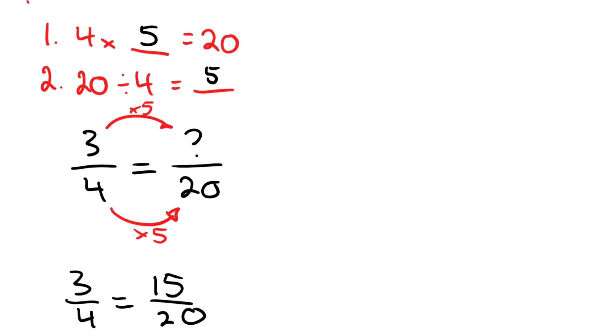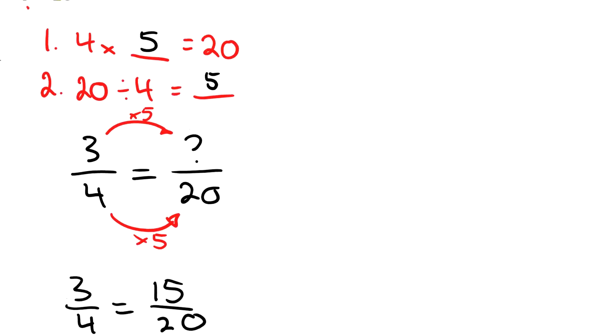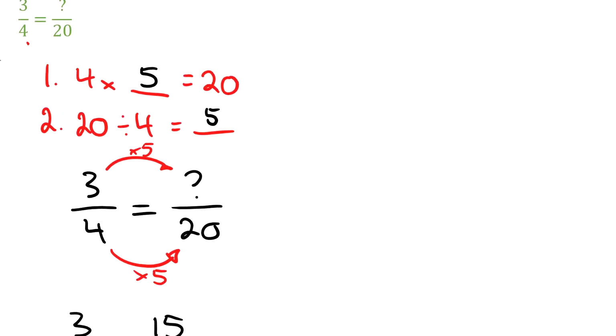So there are two ways to do that. The first way is to find that 4 times something equals 20. The second way would be 20 divided by 4. The reason I know it's 20 and 4 that I'm using is because those are the numbers where I have both of them. They're linked. And if I had the top numbers, I would do the same thing.